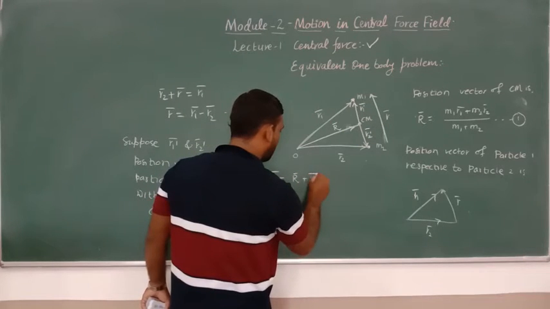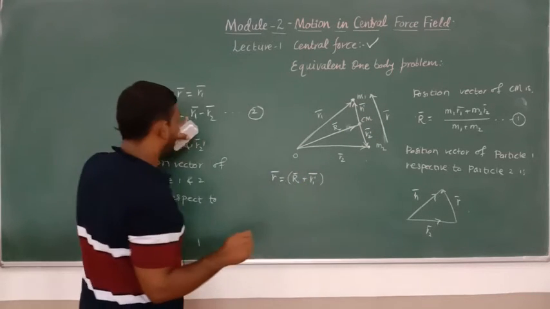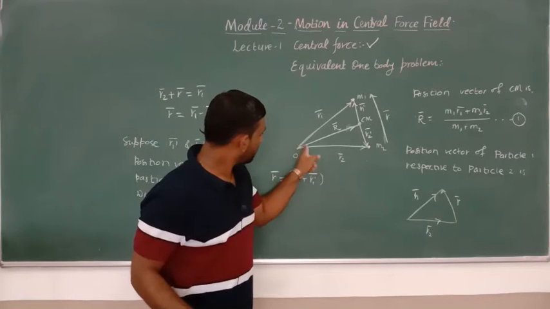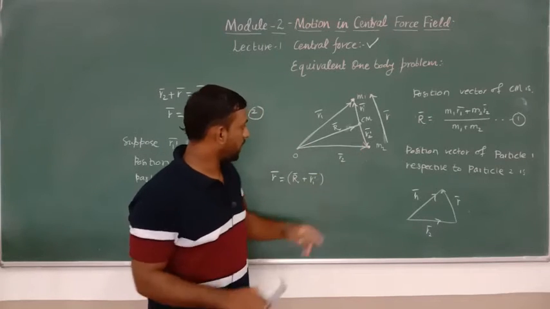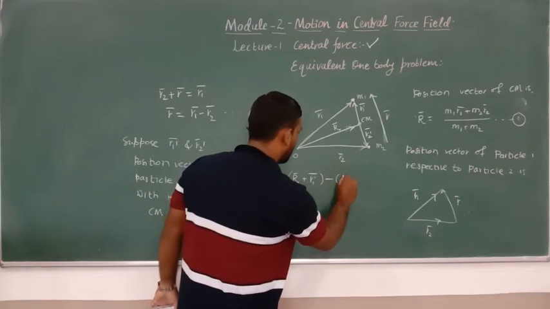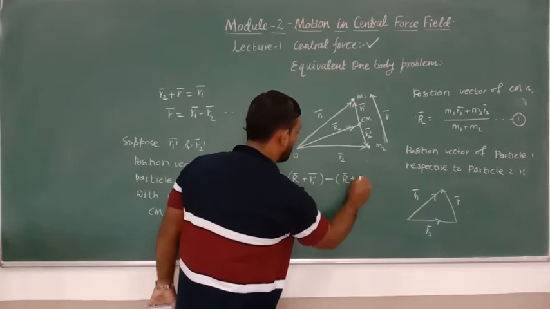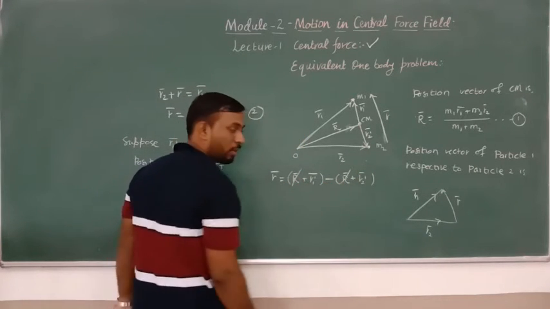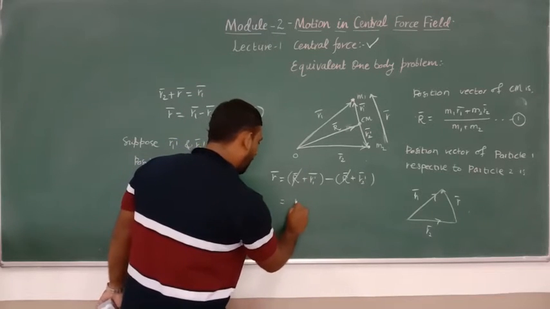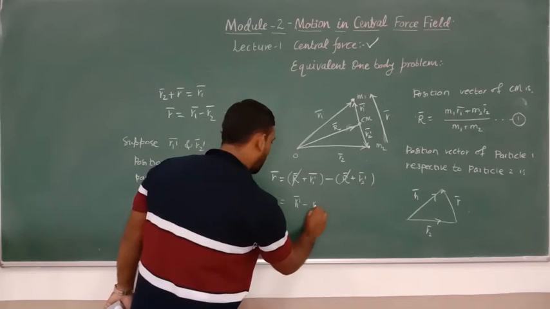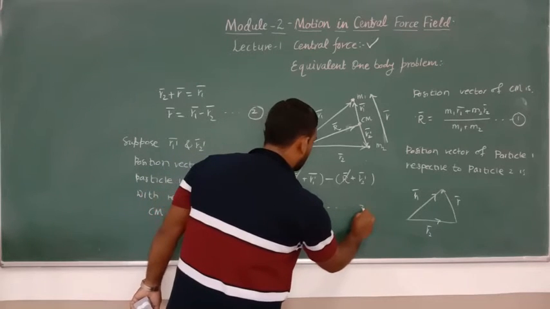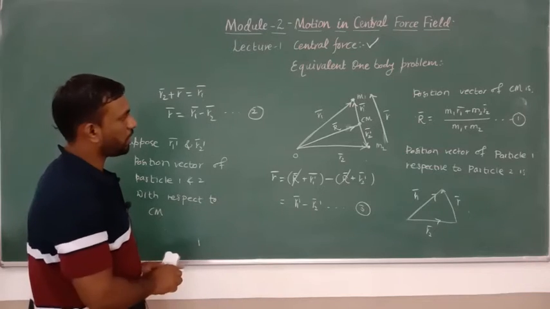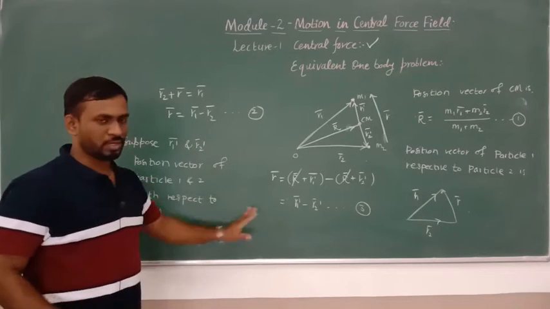And similarly for r2 bar, r bar plus r2 prime bar, so minus r plus r2 prime bar. The r cancels out, and we get r1 prime bar minus r2 prime bar. This is equation number 3. So we have equation number 1, equation number 2 and equation number 3.